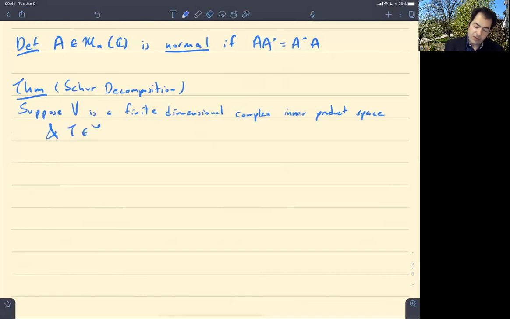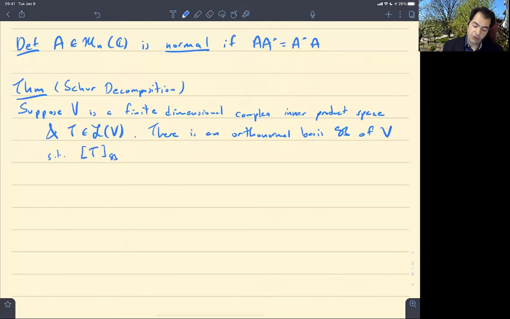And let's take T to be any linear map from V to V. There is an orthonormal basis B of V such that the matrix associated to T with respect to B is upper triangular.